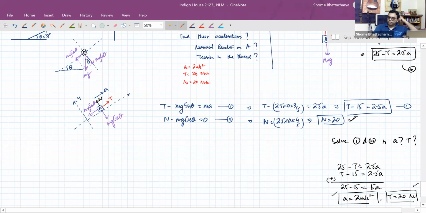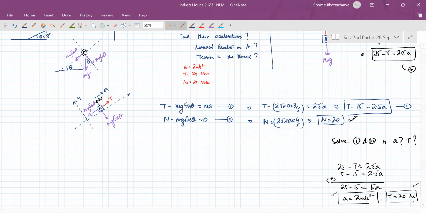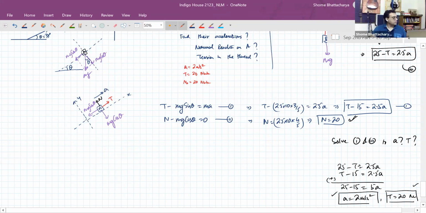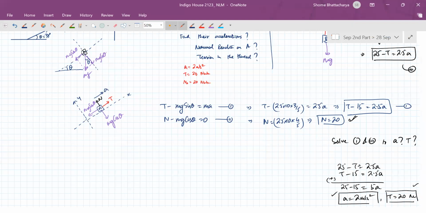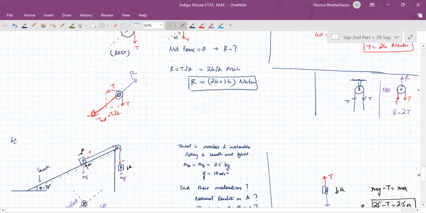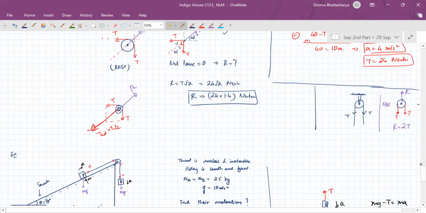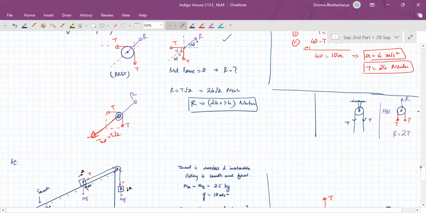Okay. Sir, in the last sum, I calculated the reaction force with the resultant of both the forces with the minus sign, but I didn't get the same answer. Which question are you talking about, Vinay? Sir, the previous one. The last one that we solved, the resultant force. So I took both the T's and used the rule T square plus 2T cos theta.